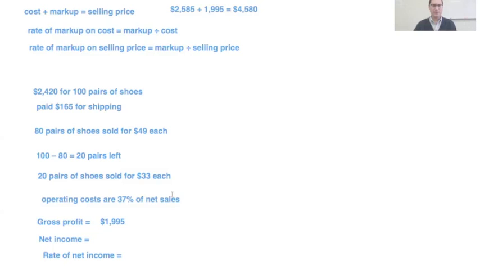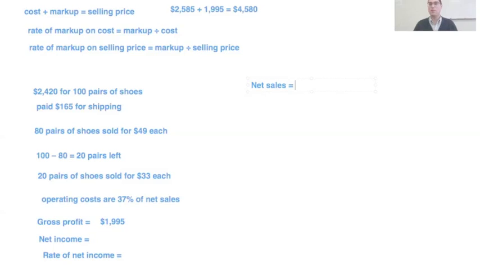Now, notice that it says here, we have some very important information. Operating costs are 37% of net sales. Now, our net sales, that's the same thing as our selling price. So let me type that up here, net sales.